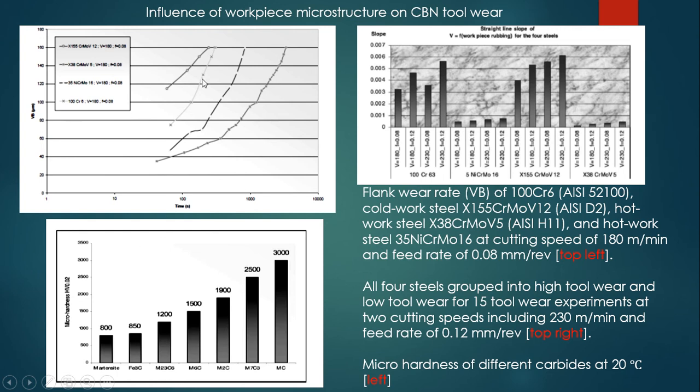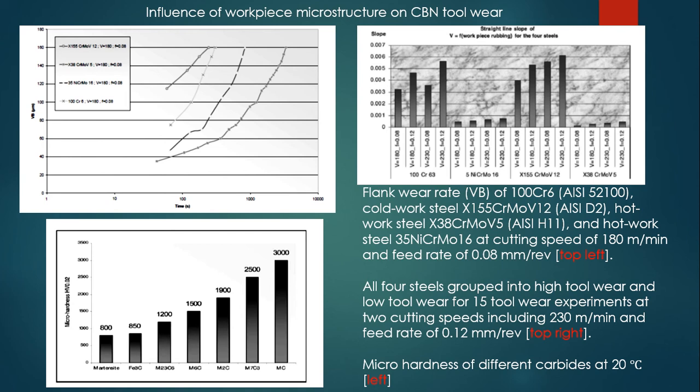Based on this plot, the four steels are grouped into two groups: the high tool wear and the low tool wear. Altogether, there were 16 experiments, for each of the four materials being machined at two different cutting speeds, which are 180 meters per minute and 230 meters per minute, and two feed rates of 0.08 and 0.12 millimeter per revolution.